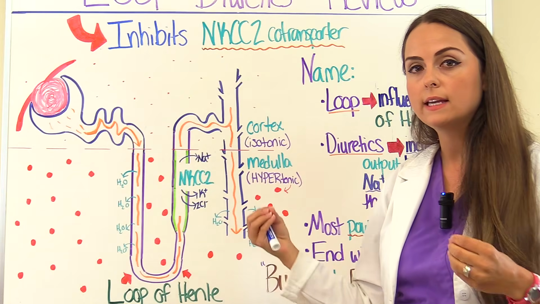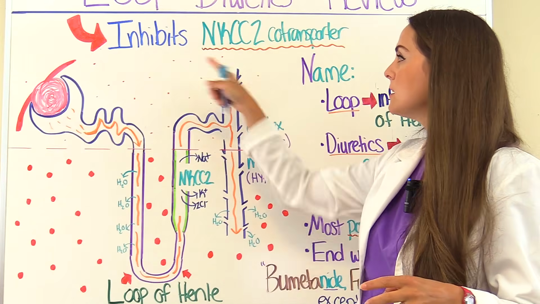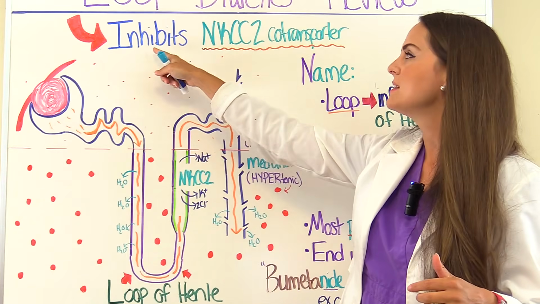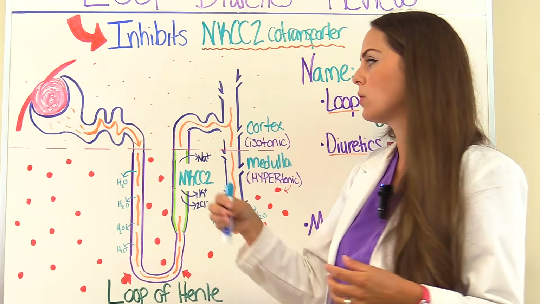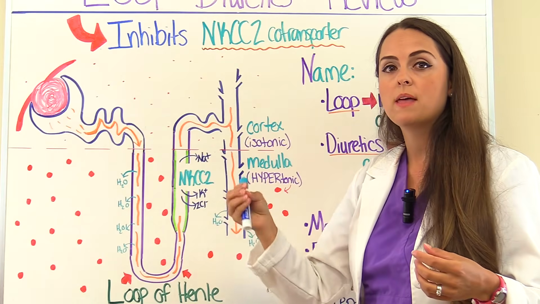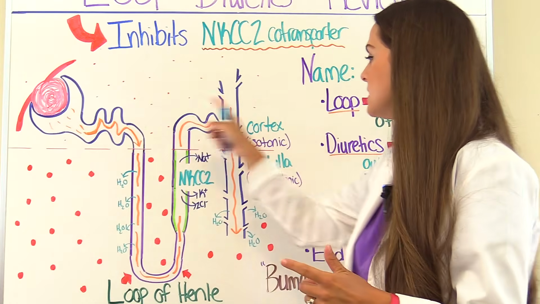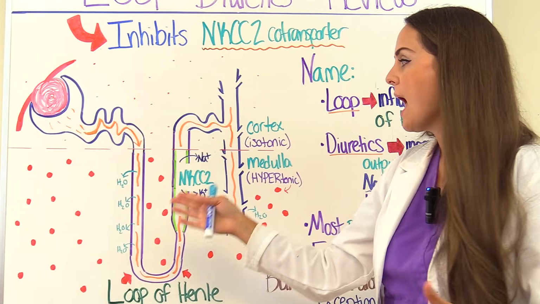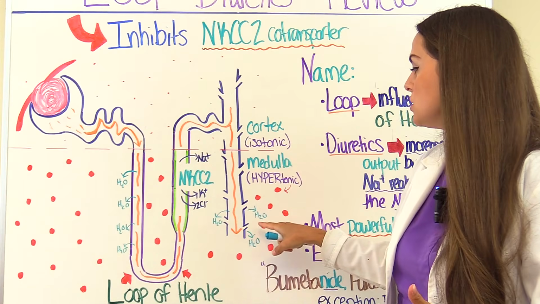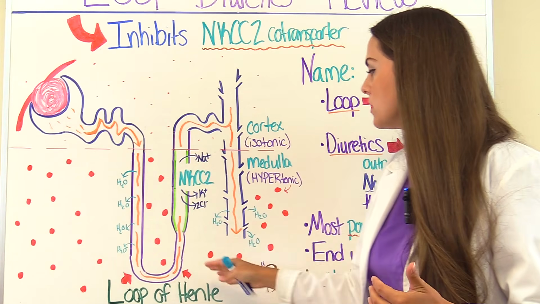right before it leaves. So if we throw in something like a loop diuretic that's going to inhibit this cotransporter from transporting, especially this sodium, that potassium and chloride, we're going to alter the tonicity of this environment, which is going to decrease how much water is able to be reabsorbed through the collecting duct and from this loop of Henle.